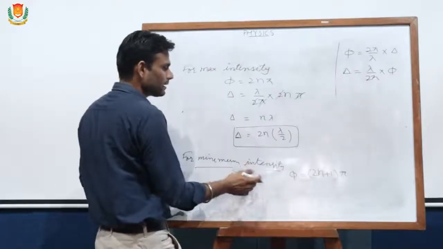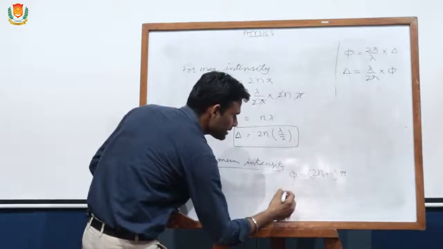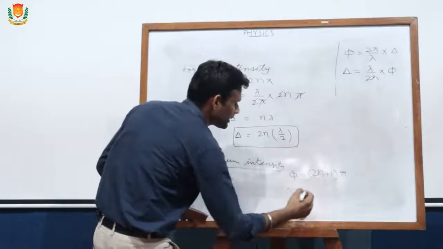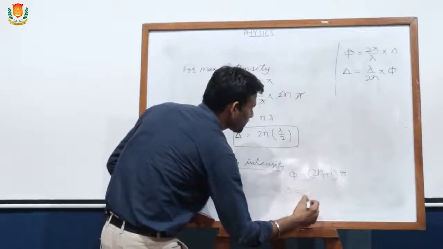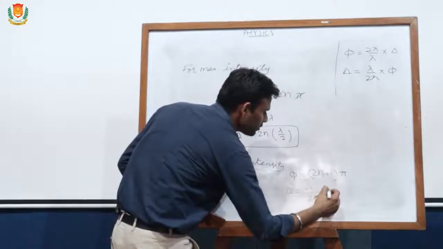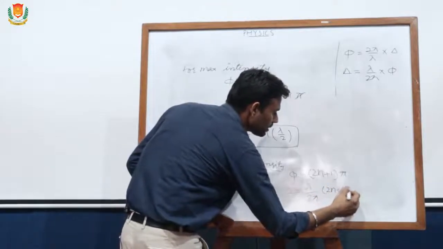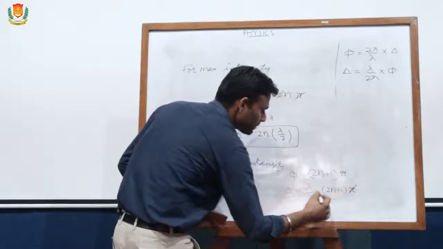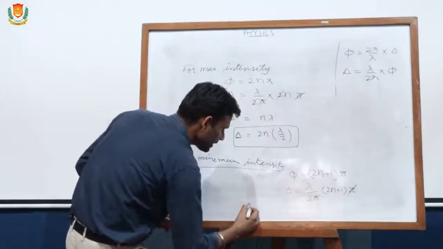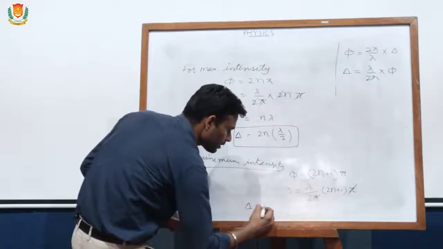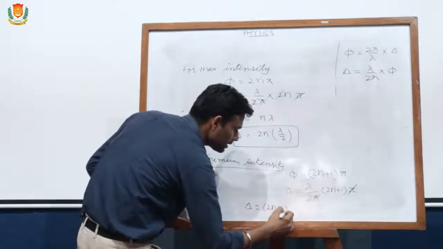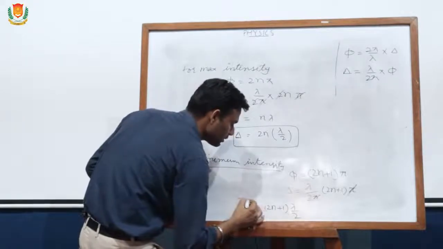So if we calculate the path difference for minimum intensity, it will be delta equal to lambda upon 2 pi into 2n plus 1 pi. So pi to pi cancel. From here we get delta equal to 2n plus 1 lambda by 2.